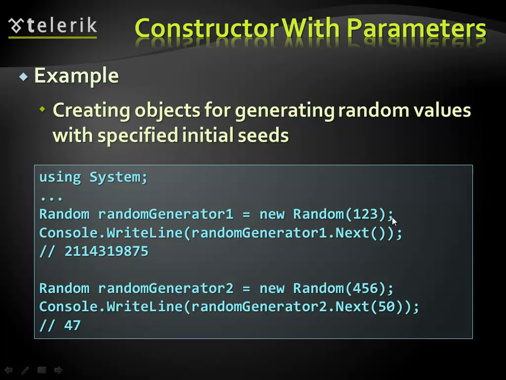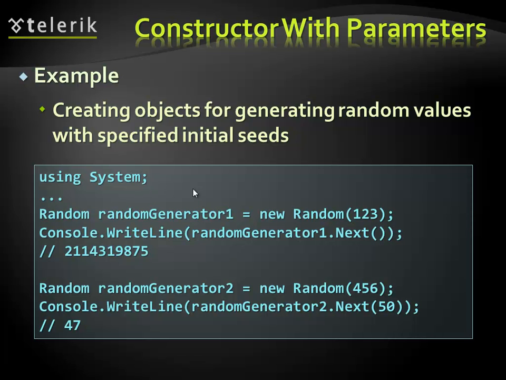So here we are instantiating it with a constructor. I think this number is wrong, by the way. And I think something is missing in this slide. In any case, this Random class has two constructors. One of them is a default constructor without any parameters, and one of them receives an integer value. Once you call the Next method, it will generate and return random numbers that you can use in your code.